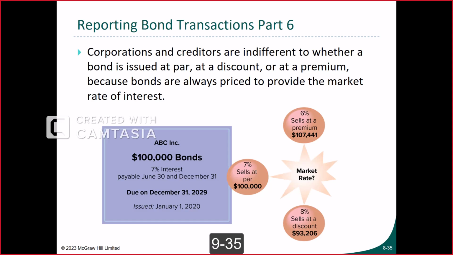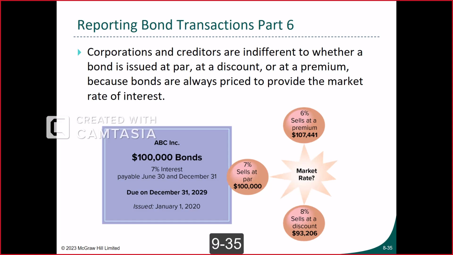Now, if it happens that on the day the issuance is made, January 1st, 2020, by chance, the market rate is also equal to 7%, similar to the coupon rate, that is an issuance at par. No premium, no discount. If on the day the issuance is made, the market was offering a 6% interest rate, and we are offering 7%, okay?